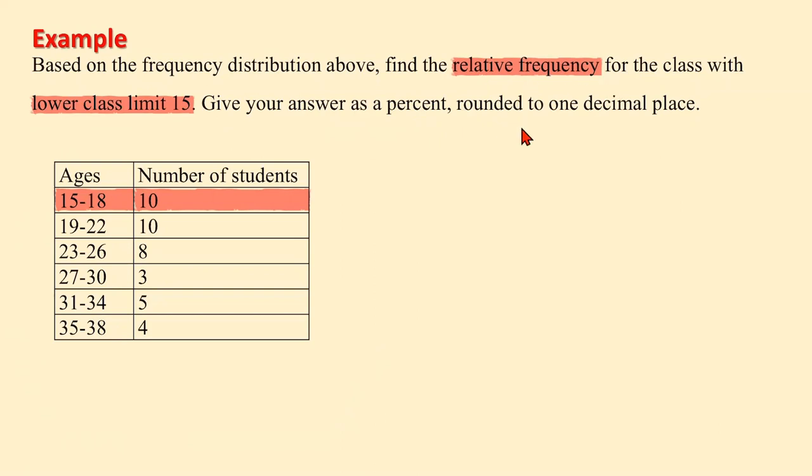If you remember, relative frequency is denoted like this, RF, okay? And the formula to find relative frequency is equal to the frequency of that class divided by n, the total number of observations. And here we are asked to give the answer as percent, so we multiply by 100 so that we get the answer in percentage. Now here, the frequency of that class is 10 divided by n.